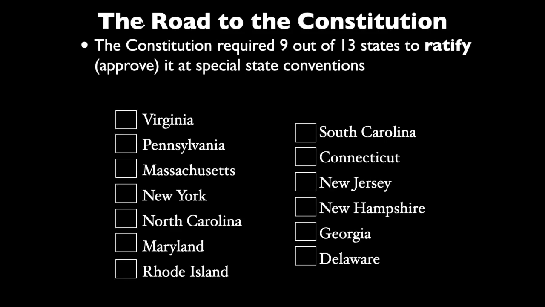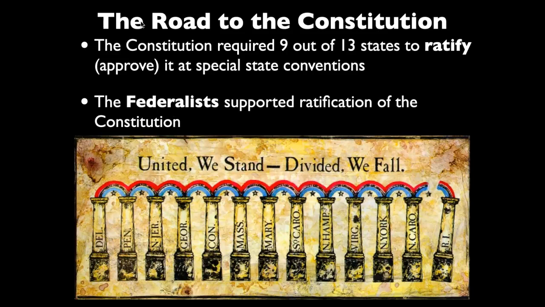Finally, when it comes to ratification, 9 out of 13 states had to ratify or approve of it at special state conventions. And immediately there develop these two factions here. There's the Federalists that supported the Constitution, supported a strong federal government, and wanted to make sure that ratification happened.